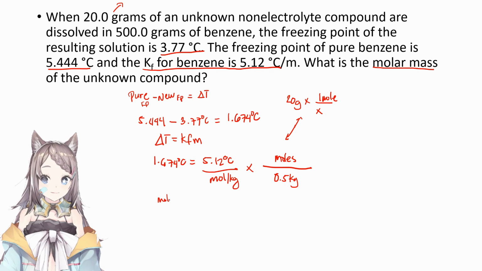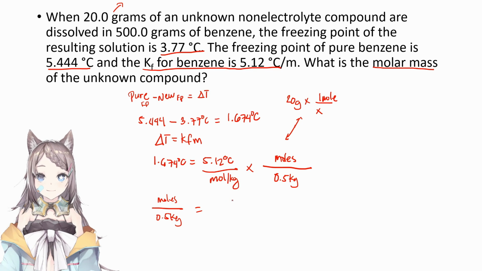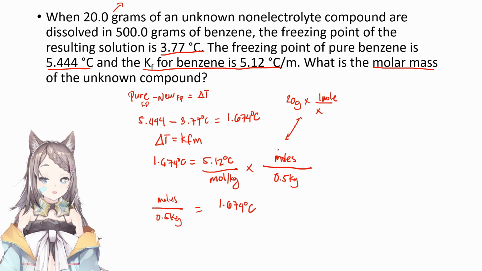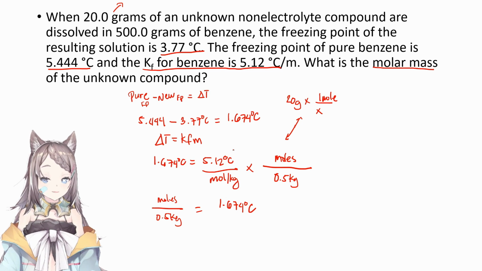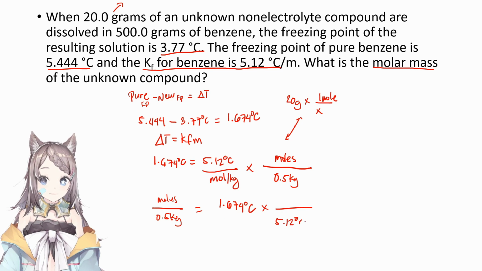So moles over 0.5 kg equals 1.674 degrees Celsius. Class, please take note of when I am moving the variables. What you might do is move it unintentionally. Okay, multiplied by 5.12 degrees Celsius kg per mole.